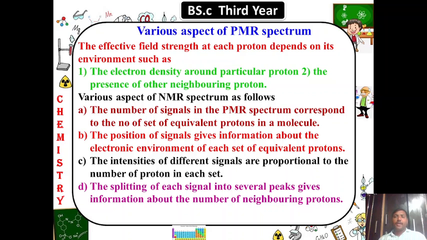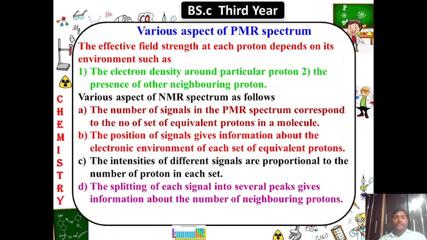Various aspects of the PMR spectrum. The effective field strength at each proton depends on the environment, such as the electron density around the particular proton and the presence of neighboring protons.